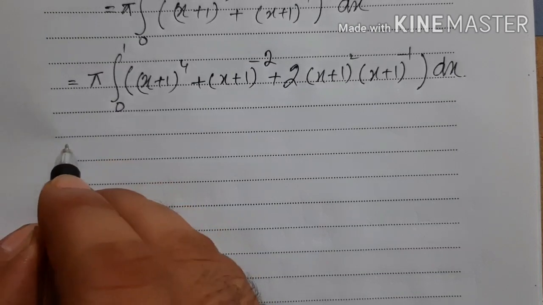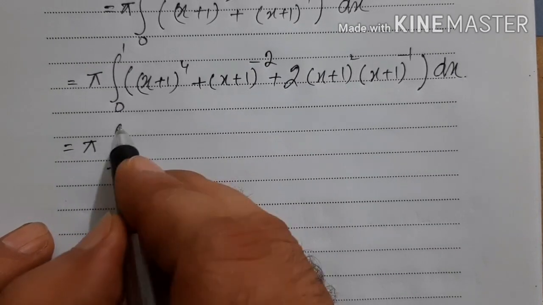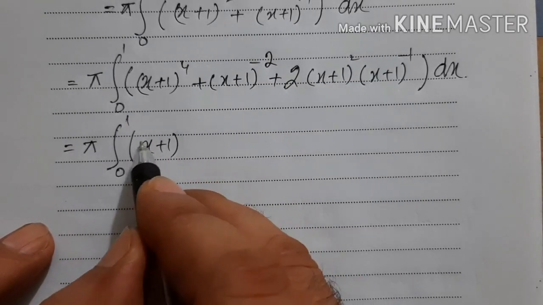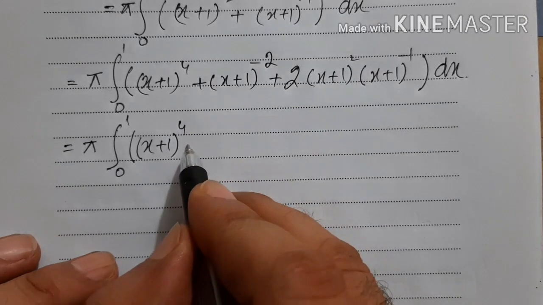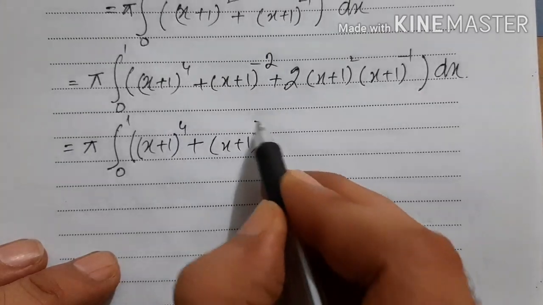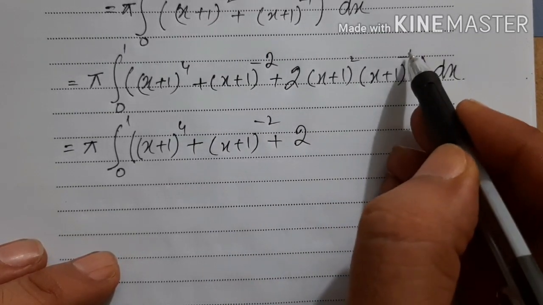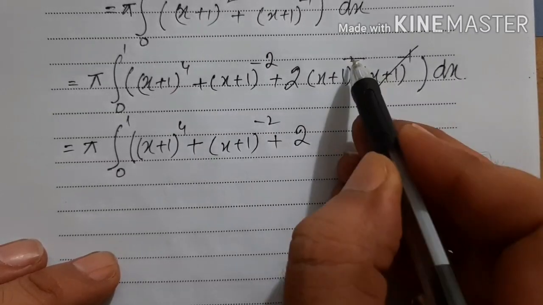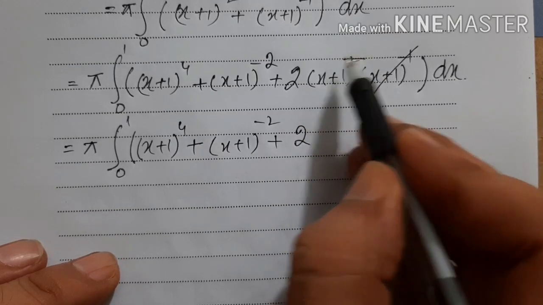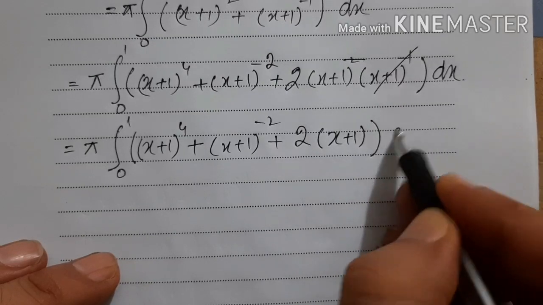Okay, pi integral 0 to 1 of (x plus 1) raised to power 4 plus (x plus 1) raised to power minus 2, plus 2. Actually the square will be cancelled with this one, because (x plus 1) to the power minus 1 is 1 over (x plus 1), so it will cancel the square, and we'll get 2 into (x plus 1) only, dx.